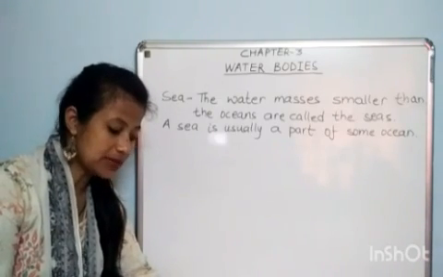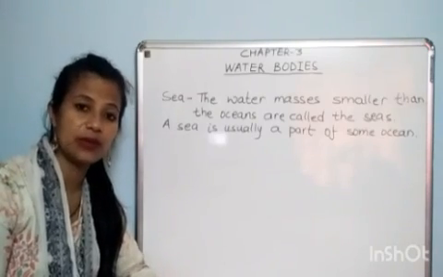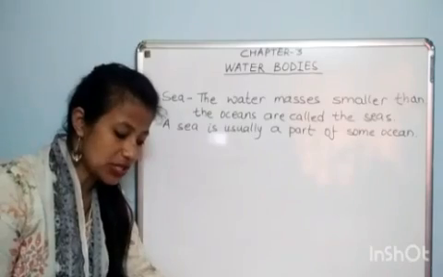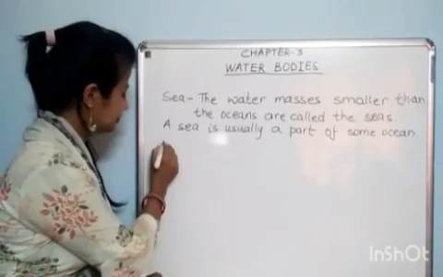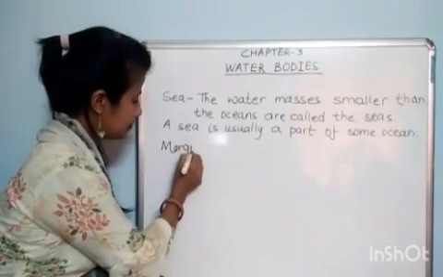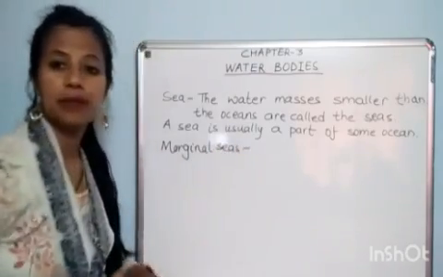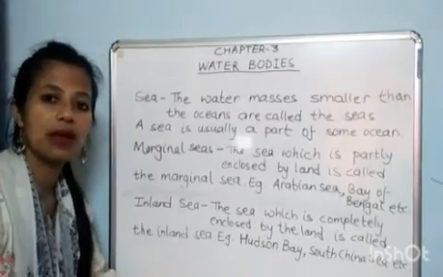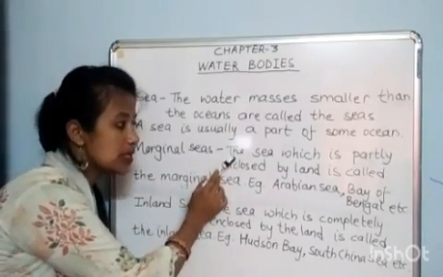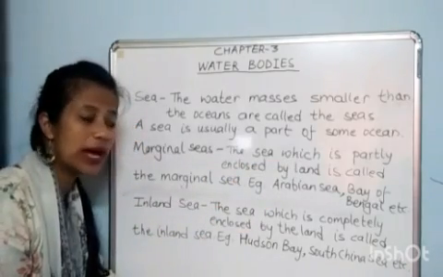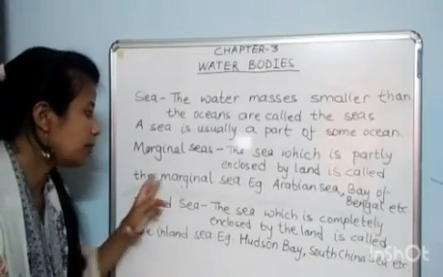A sea may be classified as a marginal sea or an inland sea. What is marginal and what is inland? Marginal sea: the sea which is partly enclosed by land, not completely, is called the marginal sea.